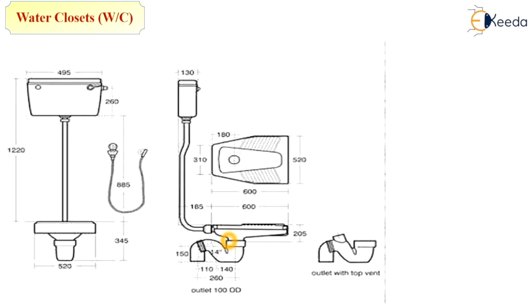So this is a typical trap, which is connected to this rim and to this flushing system. In the flushing system, there is a storage of water, and when the flush button is pressed, water is forcefully applied to this pan, and we forcefully discharge the excreta into this trap and automatically into this discharge pipe.